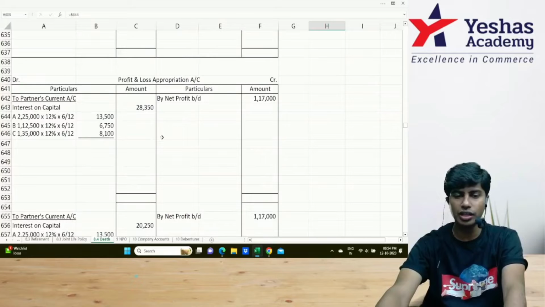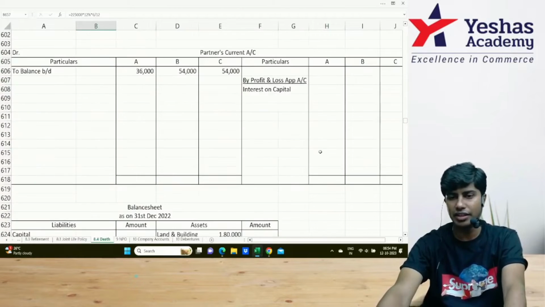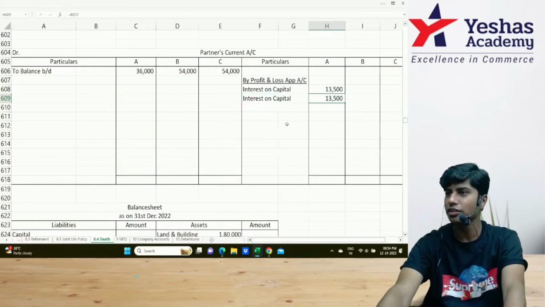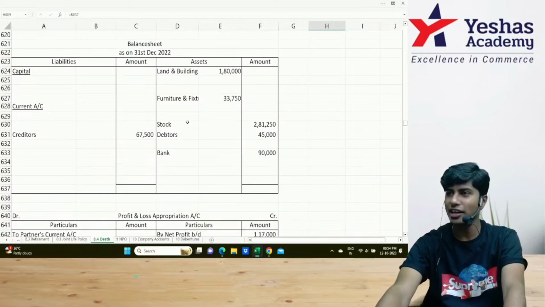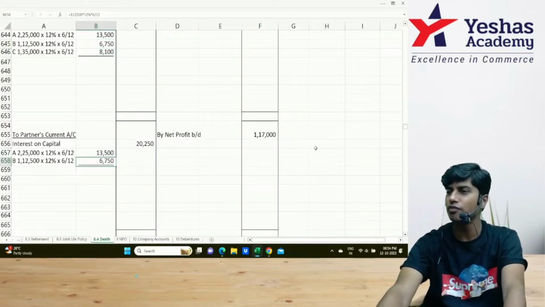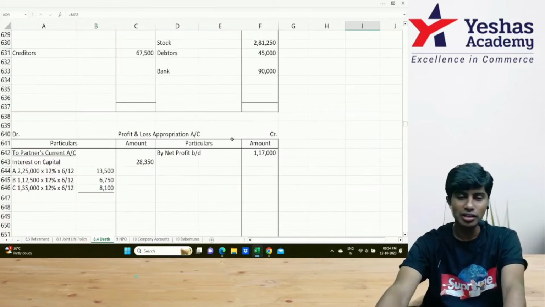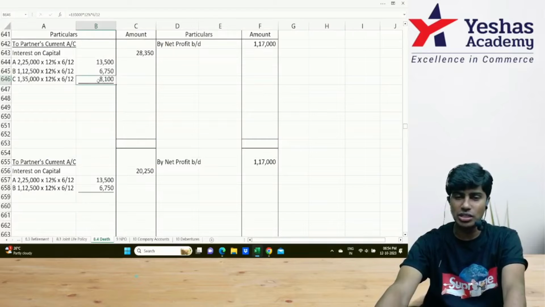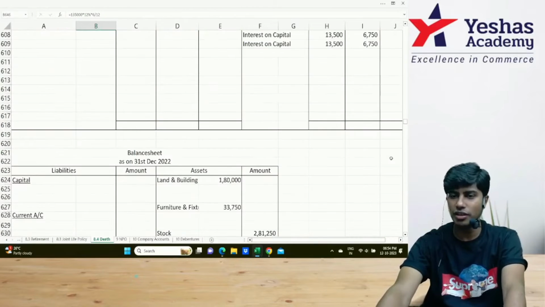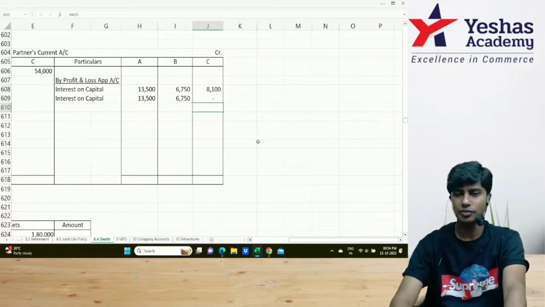Together we should write 13,500 plus 13,500, 27,000 for A. Here 6,750 and 6,750, 13,500. Then see 8,100 and 0. The 8,100 and 0 will show the emptiness. Okay?